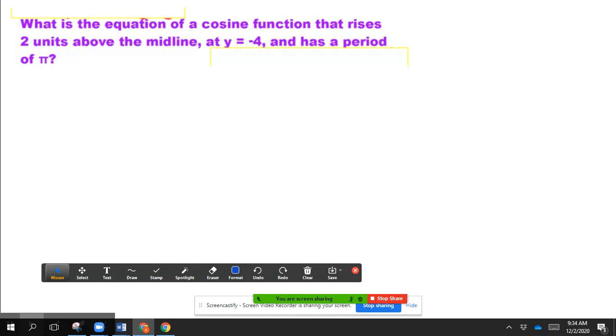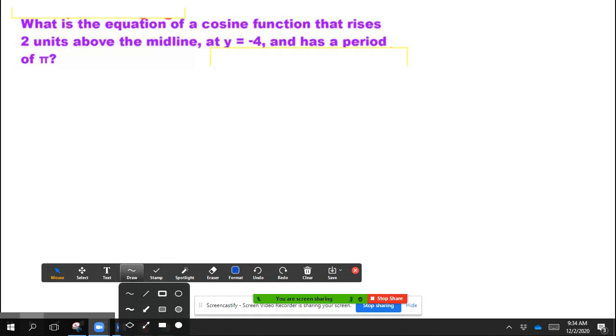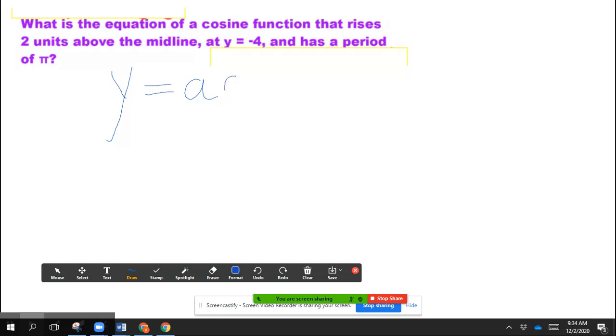Okay. Next says, what is the equation of a cosine function that rises 2 units above the midline at y equals -4 and has a period of pi? So again, cosine functions have that same general form, y equals a cosine bx and then plus d. For this particular function, the key feature is 2 units above the midline.